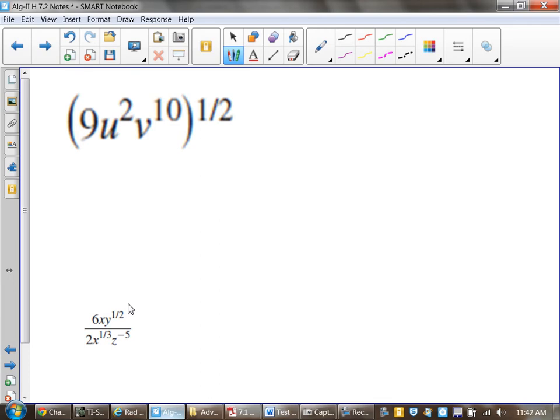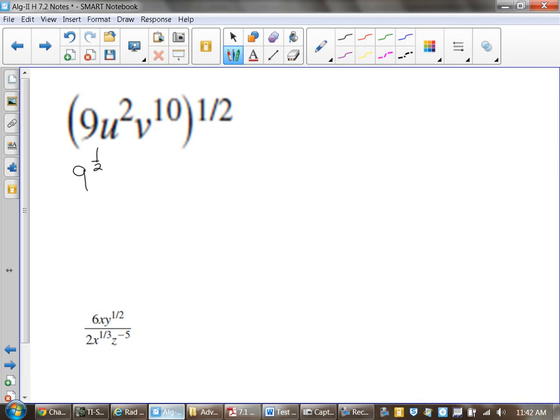That means that each one of those guys is taken to the half power. Do you agree? What does half power mean? Square root. Good. So when I rewrite this in terms of the exponents, I get 9 to the half.